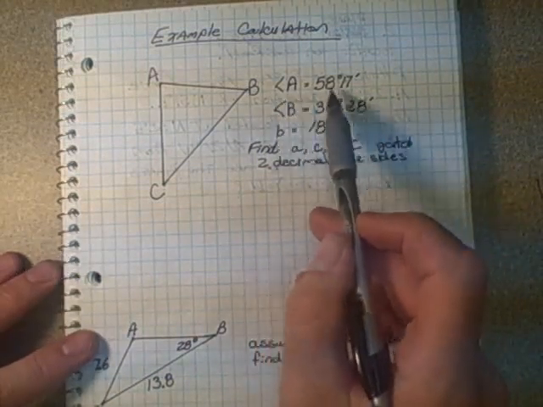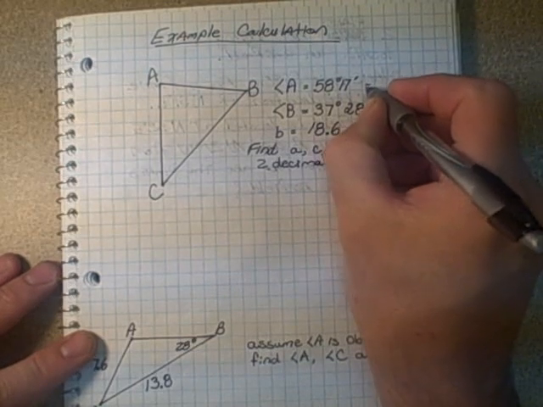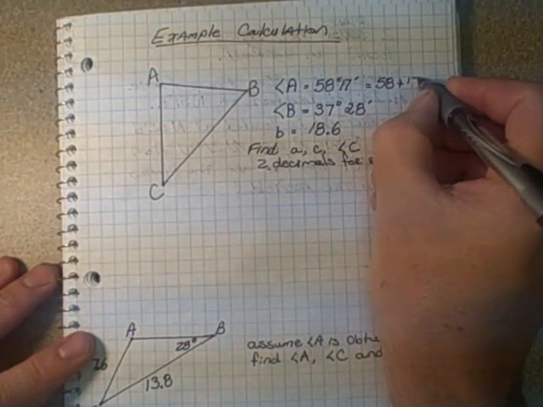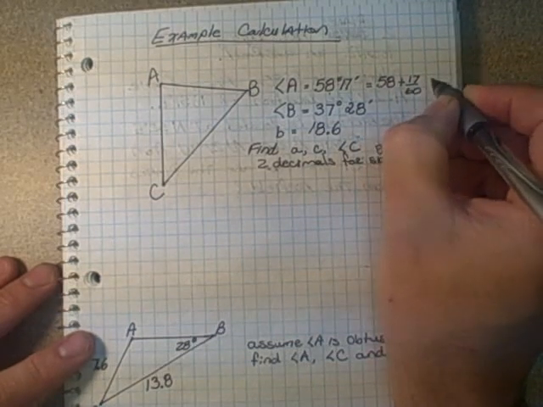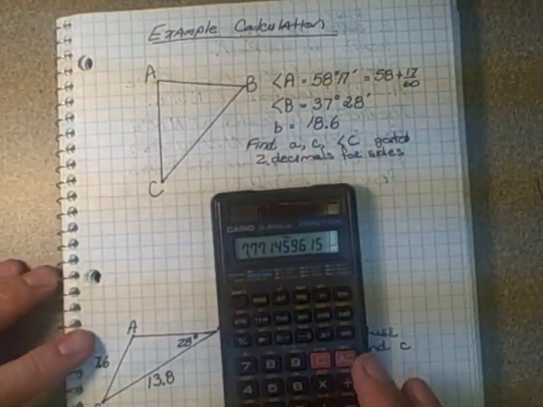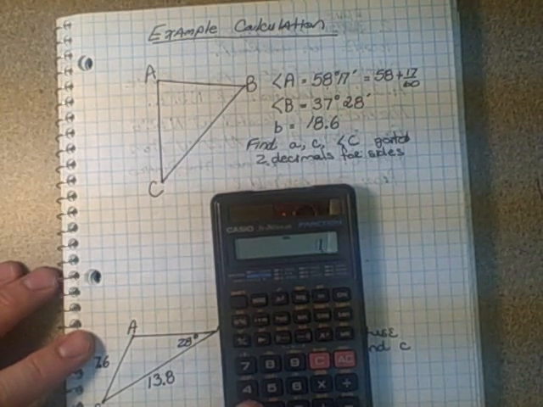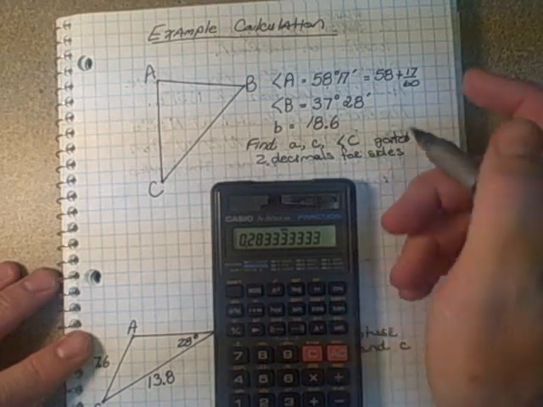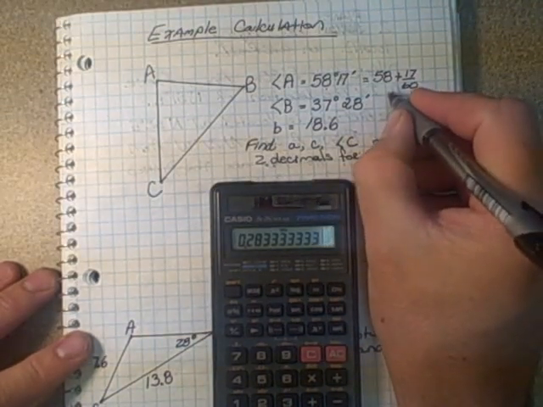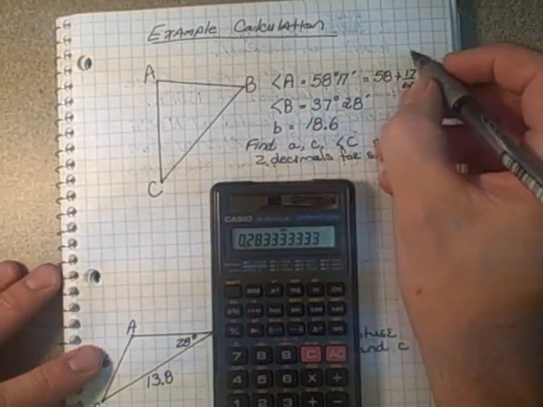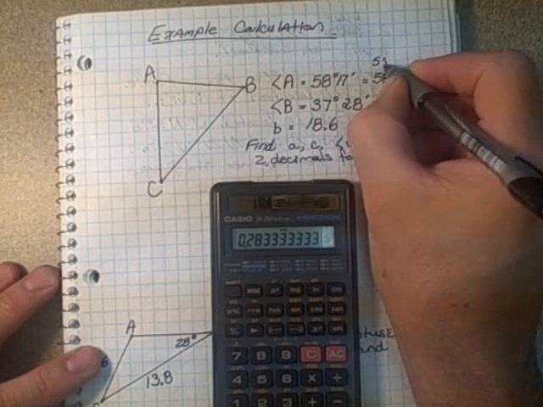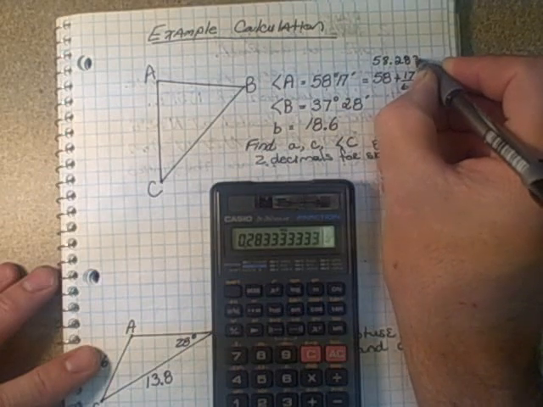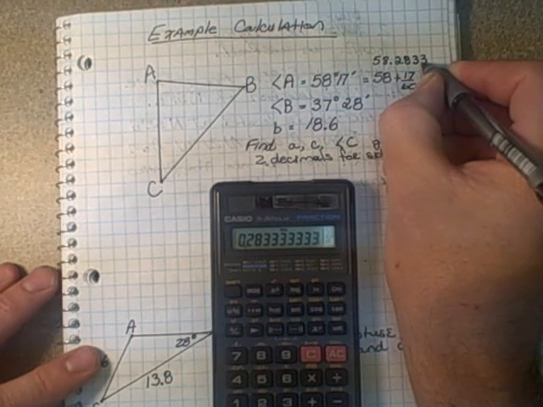So here, first of all, we have to change this angle into decimal degrees. That would be 58 degrees plus 17 over 60 for our decimal place. So if we take our calculator out and we go 17 divided by 60, we get 58 degrees, 0.28 and a repeating 3. So I'm just going to put a couple of 3's in there.